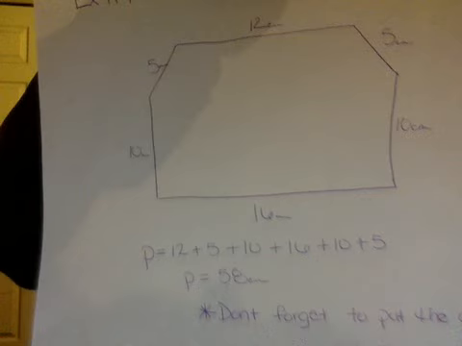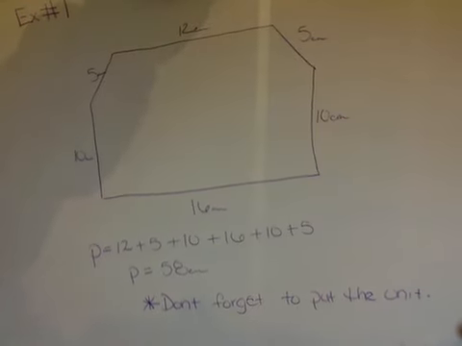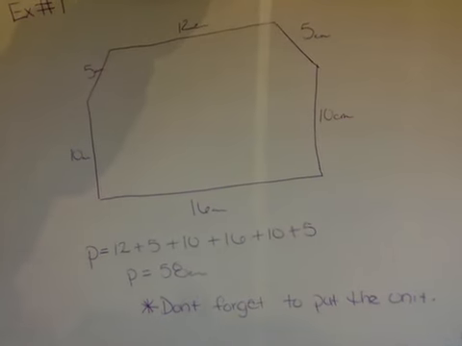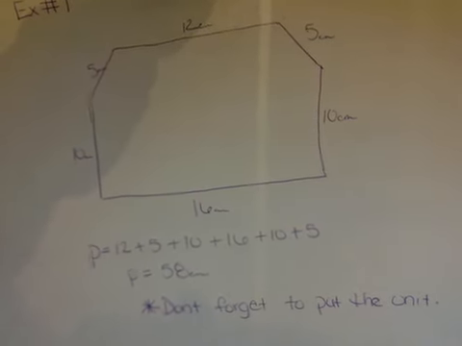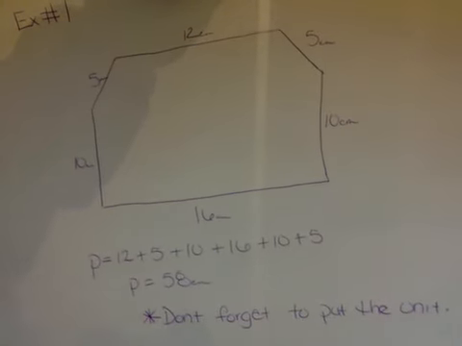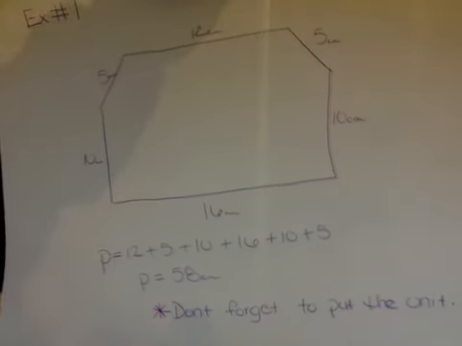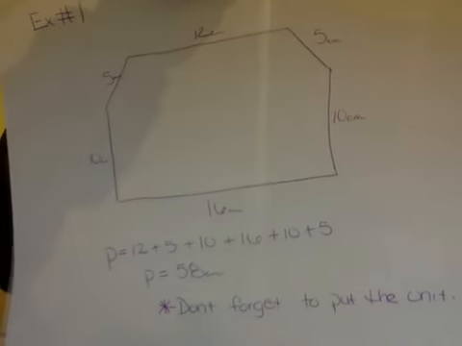This is example 1, and this is the stage. I don't know if you can see it. There you go. This is the stage, and I did use perimeter: 12 centimeters plus 5 plus 10 plus 16 plus 10 again plus 5, and I came up with 58 for the perimeter.